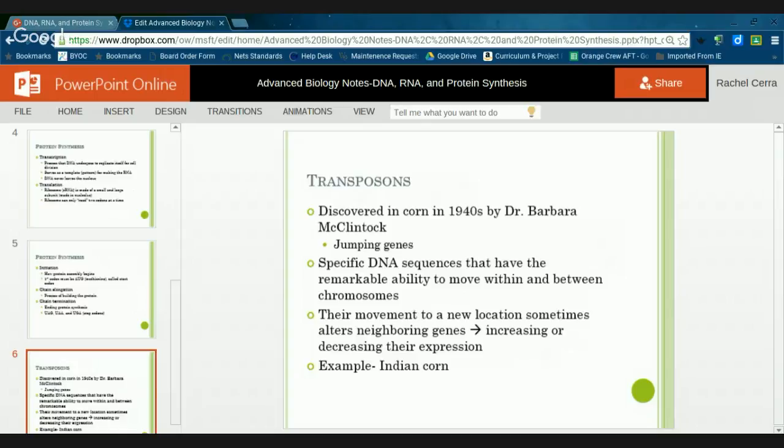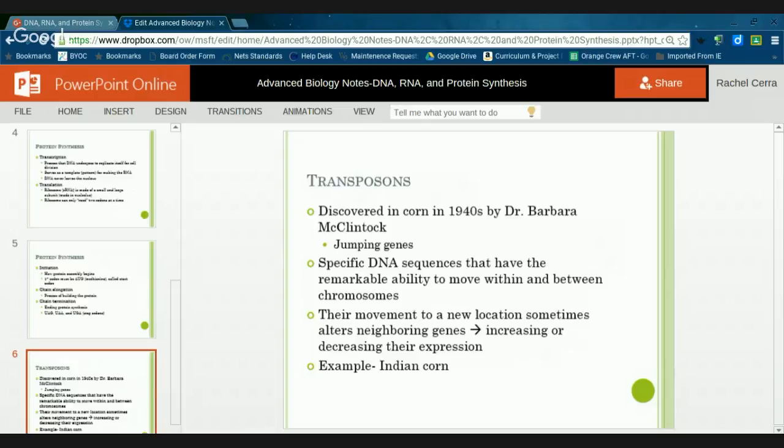And so the reason why this is so interesting, why this is so remarkable, is because they can insert themselves, they can increase or decrease their ability to be expressed. A gene, I guess I should say.